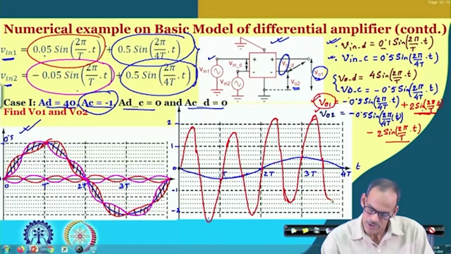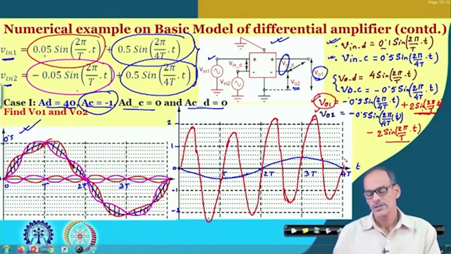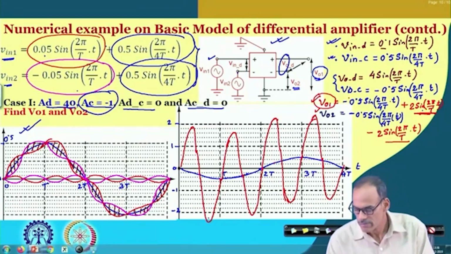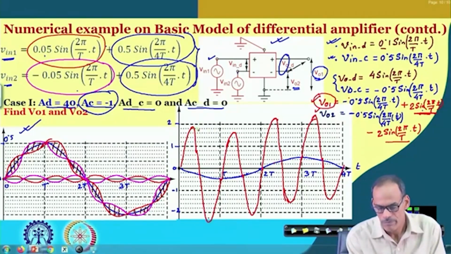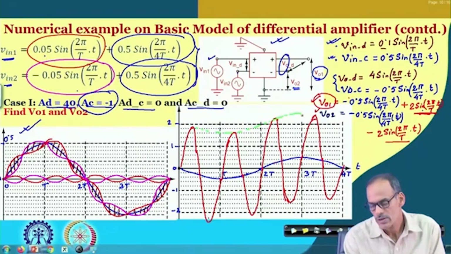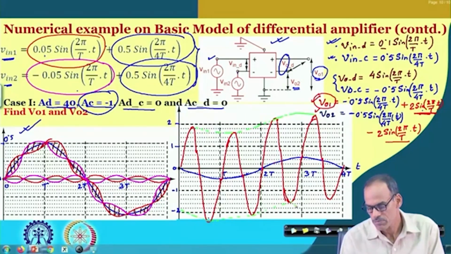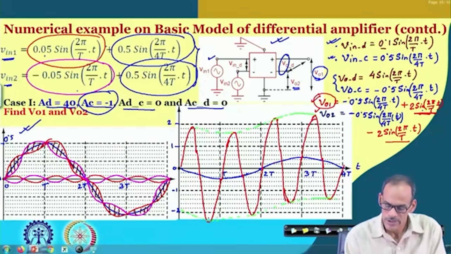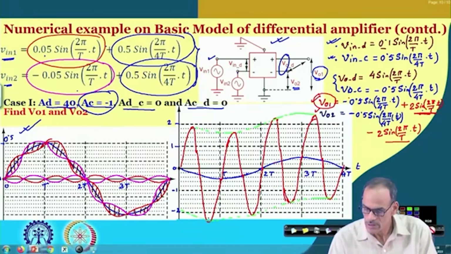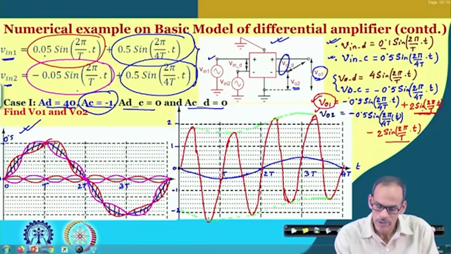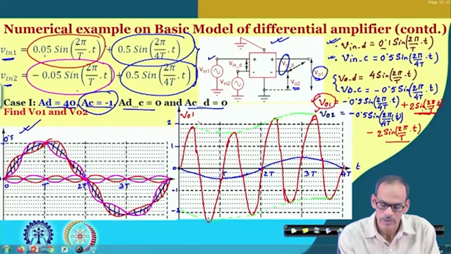So, what we can imagine is that this is a sinusoidal signal, but with a slightly changed or wavy kind of nature, and if you connect the peak points of this wavy part, it is similar to this blue line. This is the out 1, so VO1.